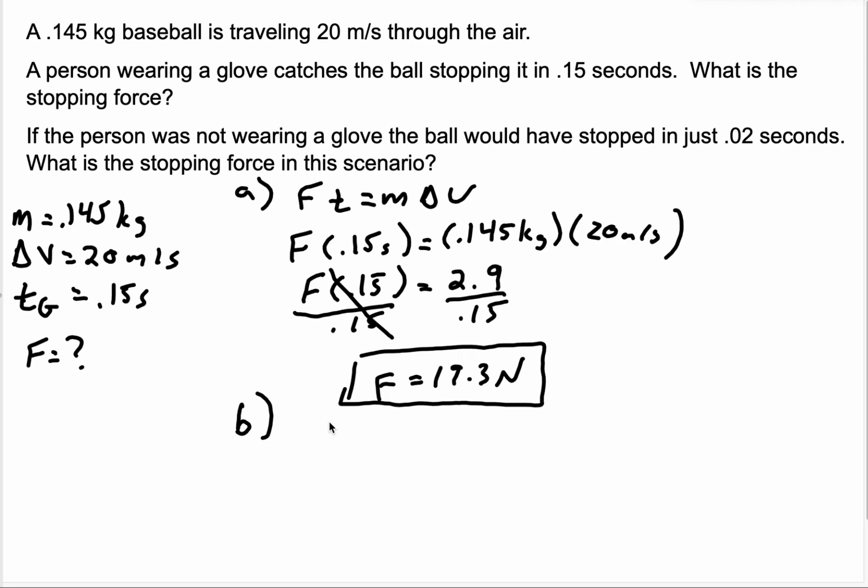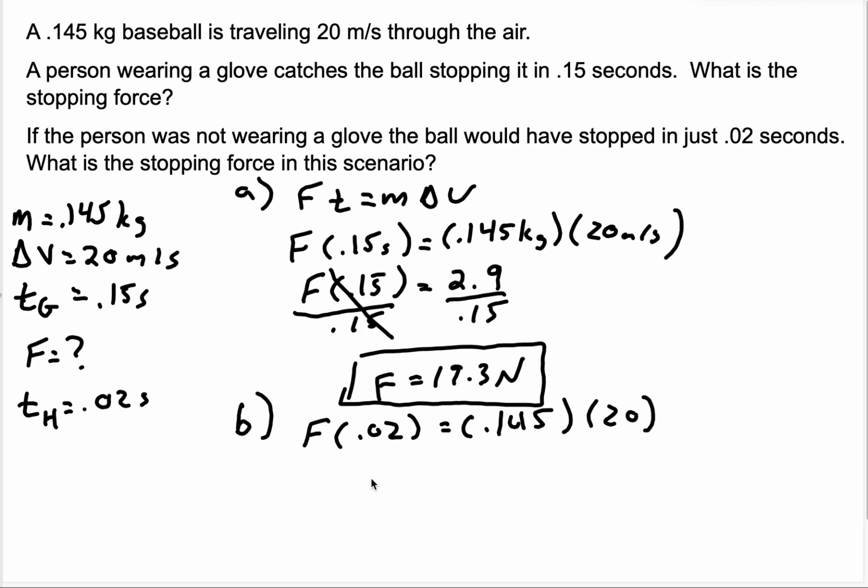So let's do the part B. I have the same force, but the time barehanded, we'll just put it as the time for just your hand, is 0.02 seconds now. So I have the force times 0.02. That's going to equal 0.145. It's the same baseball, times 20. It's the same baseball coming to the same stop.